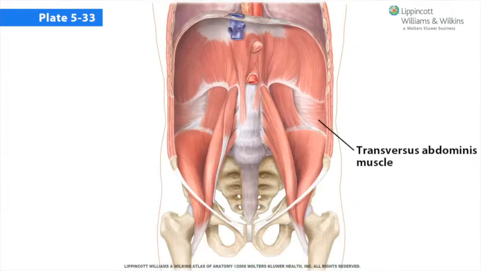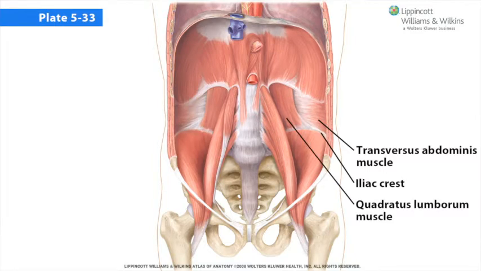Thus, upon inspection of the posterior abdominal wall, the posterior portion of the transversus abdominis muscle is visible laterally. Medial to the transversus abdominis, taking its origin from the 12th rib and the transverse processes of the lumbar vertebrae, and inserting on the iliac crest is the quadratus lumborum.